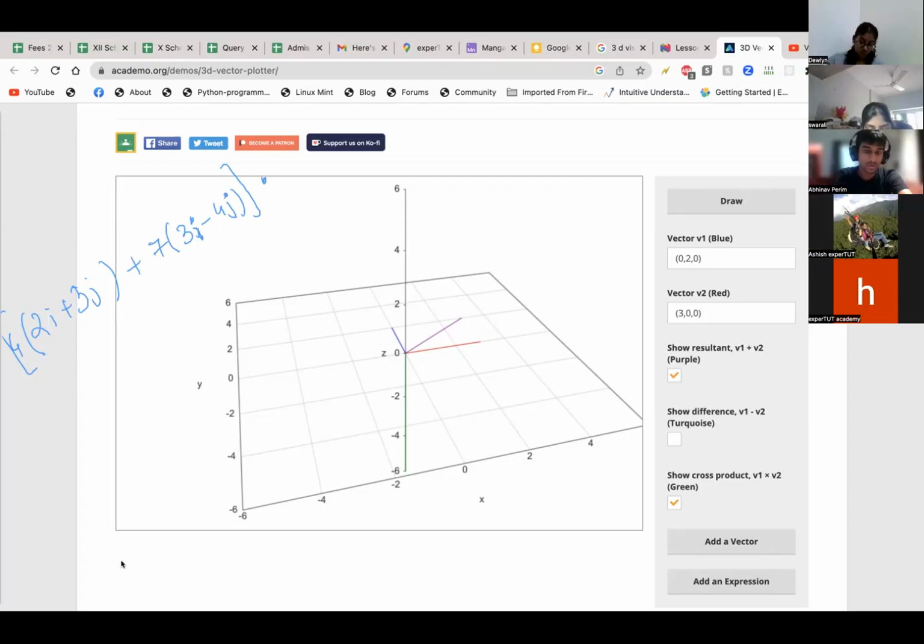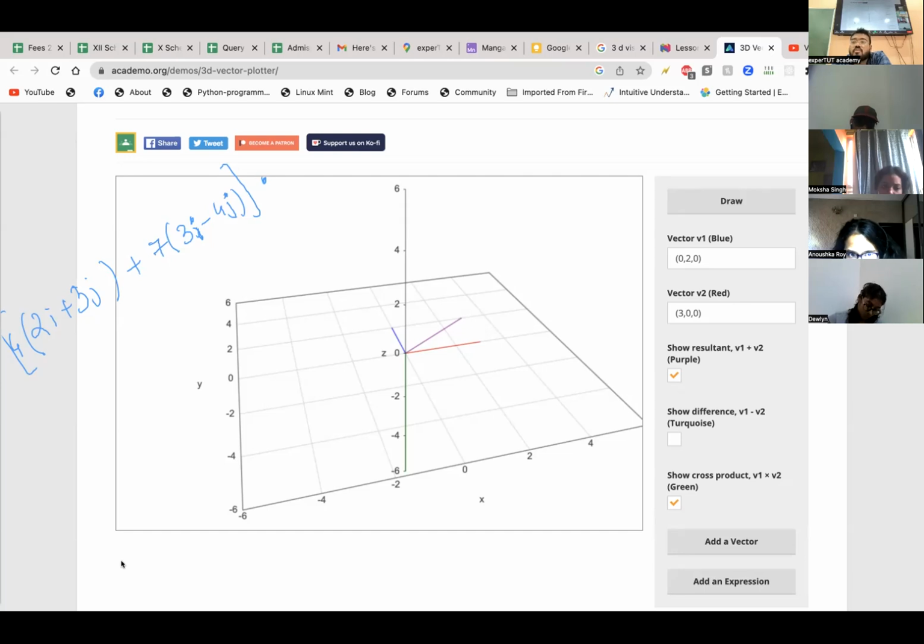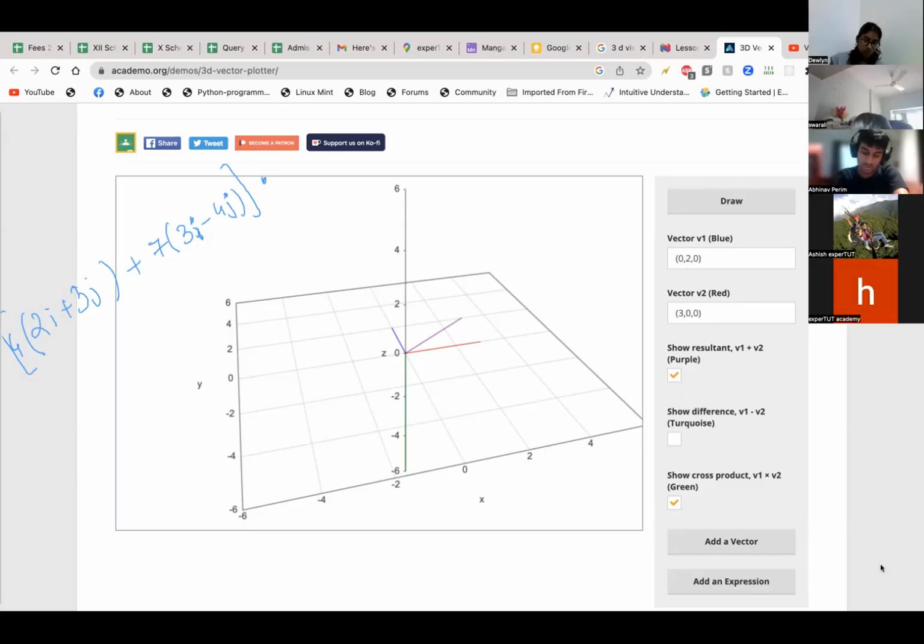Verbally, what I said: any linear combination of A and B is always in the plane of A and B. A linear combination is a V1 plus b V2, where a and b are real numbers. And then I said V1 cross V2 always lies perpendicular to this plane. And you dot it with, I'm dotting it with 2i plus 3j cross 3i minus 4j.